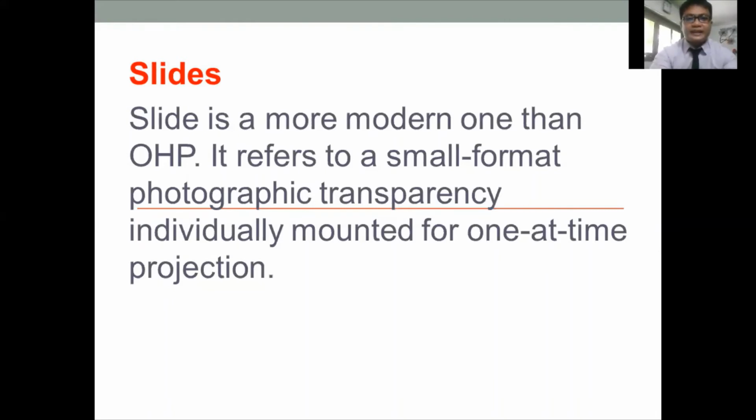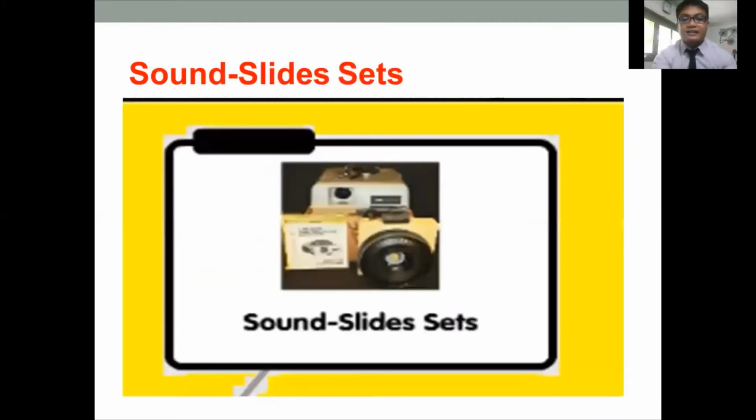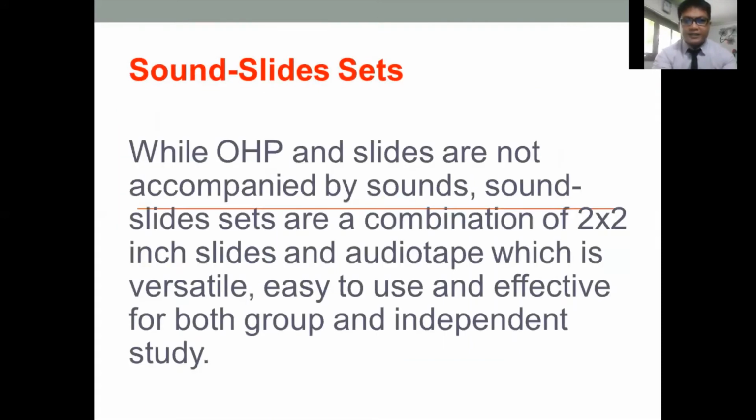So the next one is sound slide sets. This is the image for sound slide sets. So what is a sound slide set? While OHP and slides are not accompanied by sounds, sound slide sets are a combination of 2 by 2 inch slides and audio tape, which is versatile, easy to use, and effective for both group and independent study.